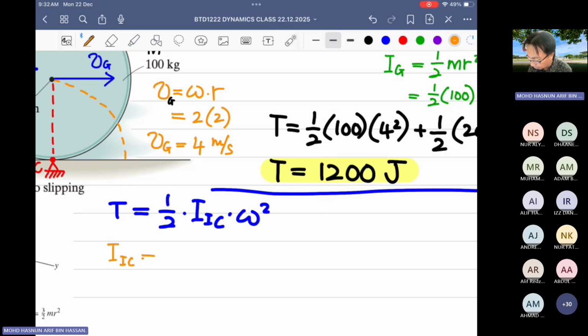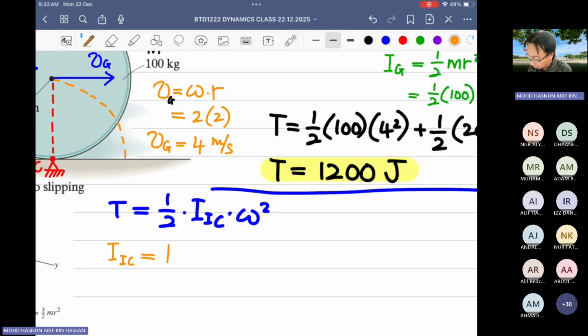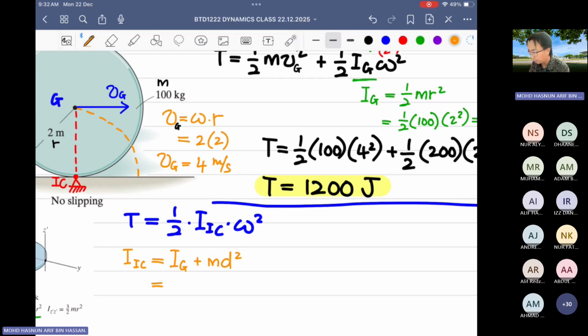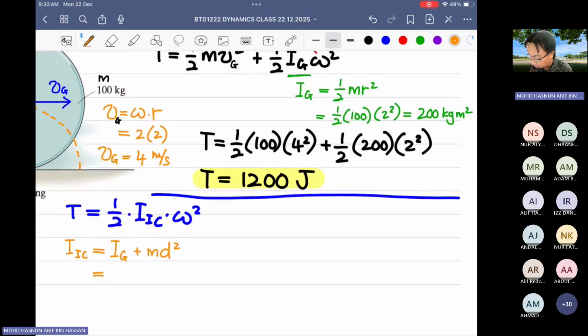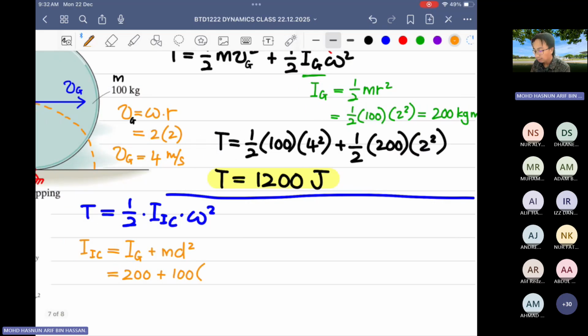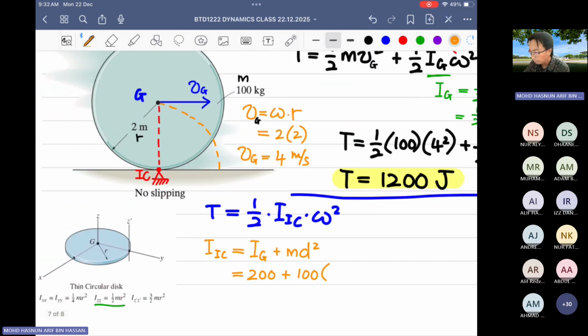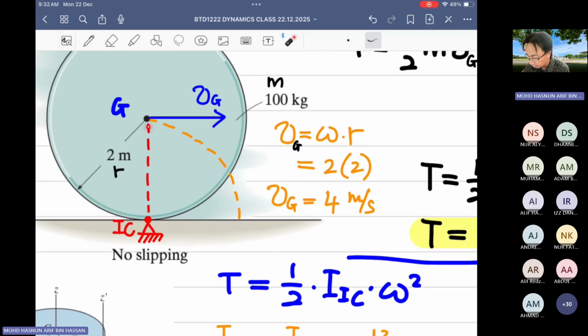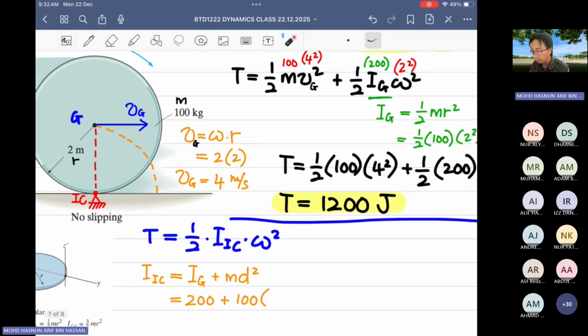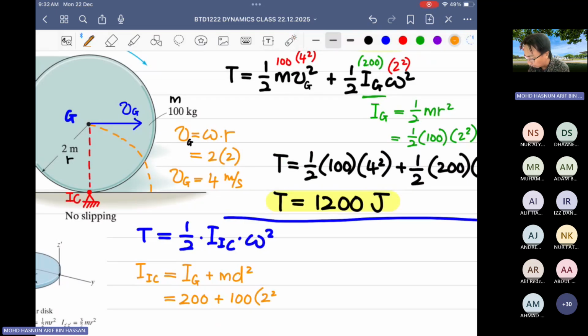For IIC, remember we can use the parallel axis theorem, which is equal to IG plus MD square. IG we have calculated up here, which is 200. Mass is 100. And D is now the distance from IC to G. Because we know this is point IC, the distance from IC to G is basically the same as the radius R. So here we have 2 square.